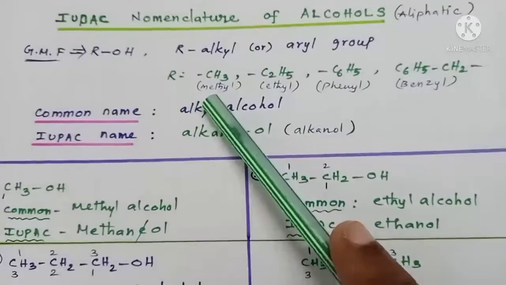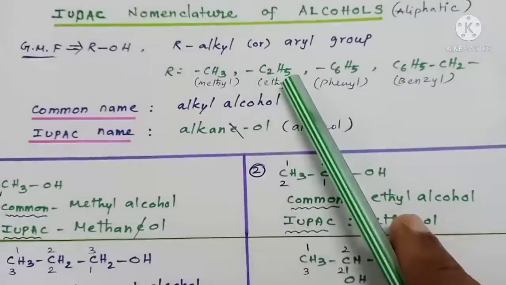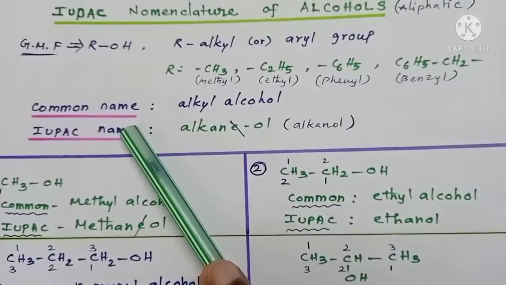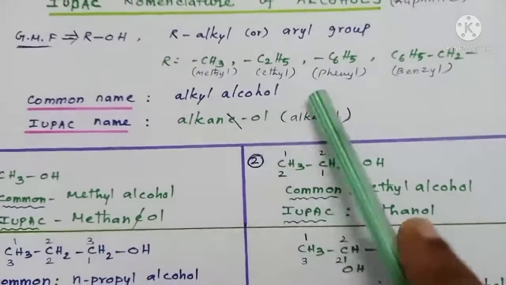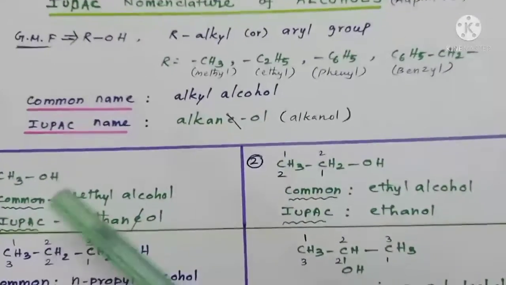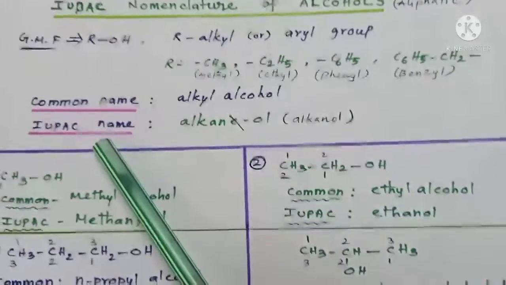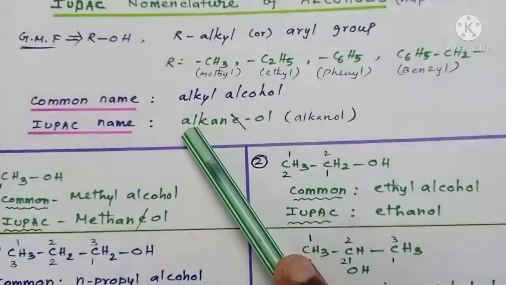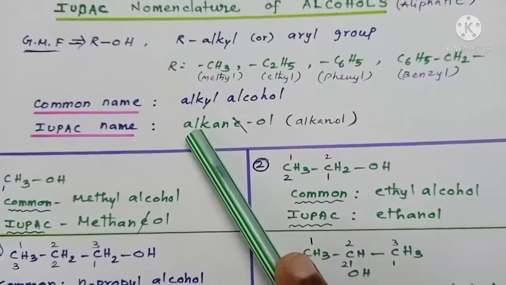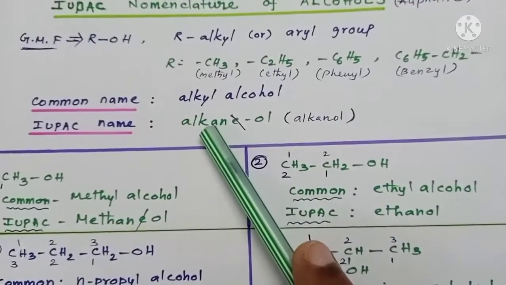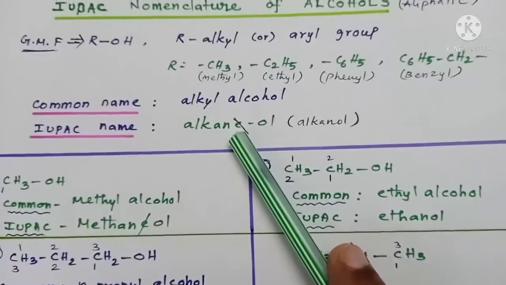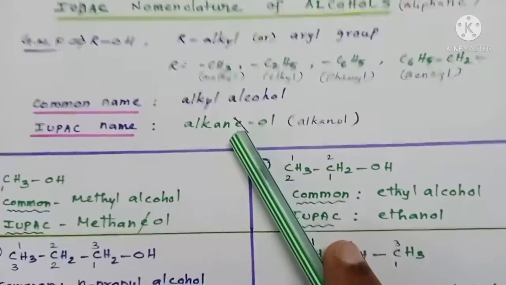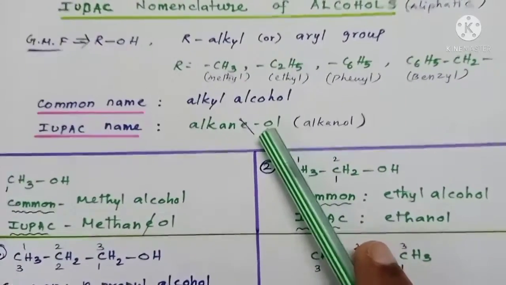So R may be an alkyl group such as methyl, ethyl, propyl, butyl, etc. In the common system, the aliphatic alcohols are called alkyl alcohols: methyl alcohol, ethyl alcohol, propyl alcohol, and so on. In the IUPAC system, we have to select the parent carbon chain, the longest carbon chain, then take the corresponding alkane name and add a suffix OL, which represents alcohol.